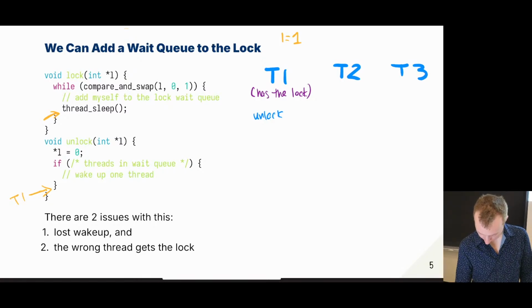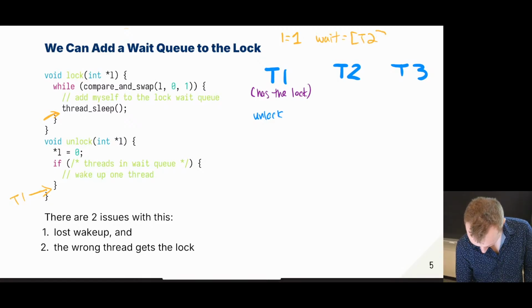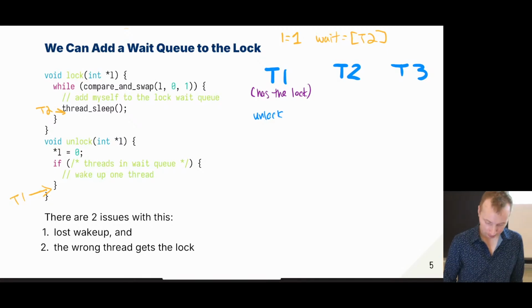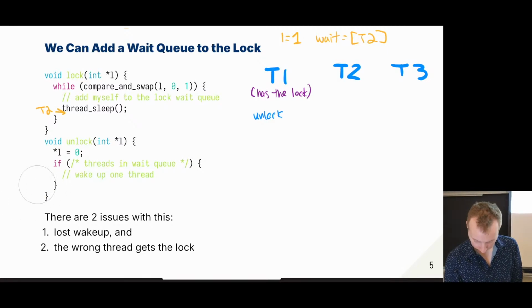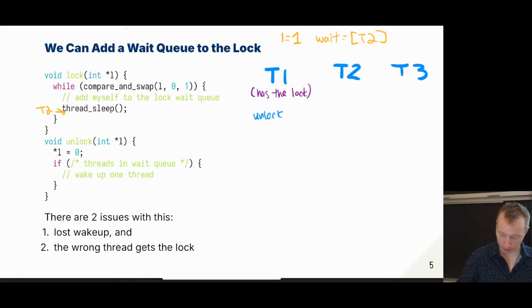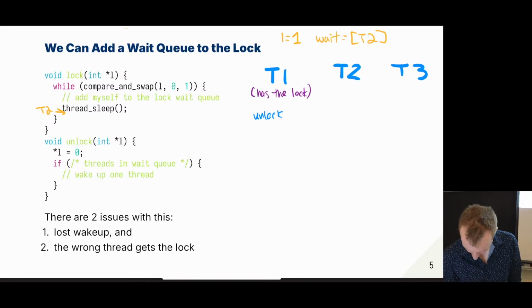And currently, we will assume that we're in the situation where in our wait queue we have thread 2. So thread 2 is sitting right here, wants to be woken up from the sleep. It is in the wait queue, so it should be the next thread that acquires the lock as soon as thread 1 unlocks it.